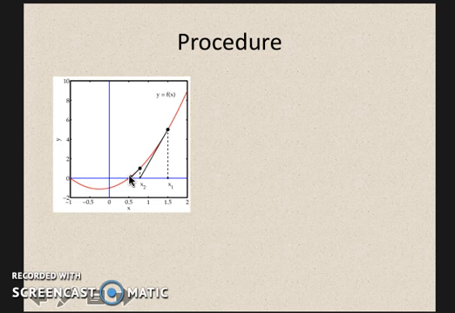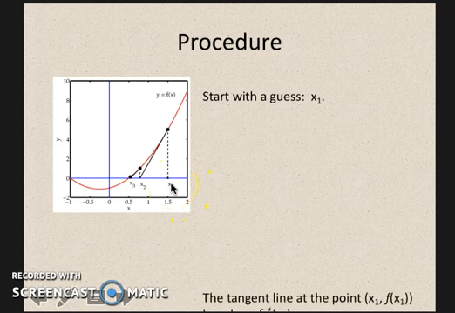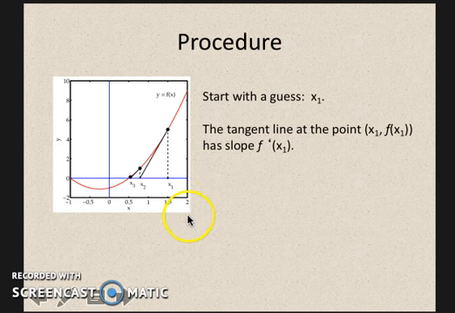Let's see how it's done. You start with a guess, x1, then the tangent line at the point here will be x1 and f of x1. The y coordinate is f of x1. This will have a slope of the derivative of the function at x1.